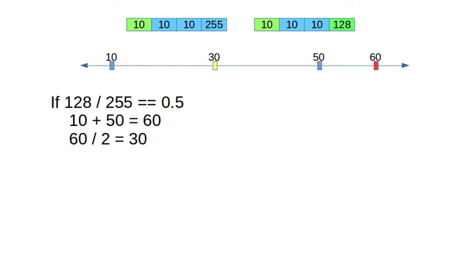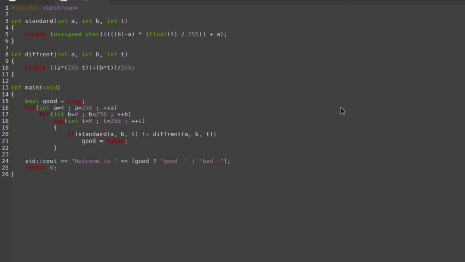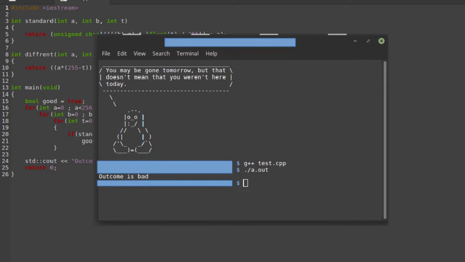The new function is based off the mean or average algorithm, where you add the two numbers together and then divide by 2. I modified it so that the values are multiplied by the alpha and inverse alpha. This way, it is like finding the average of 255 values, and the result should be the same as the old function. I coded a test program here to verify that they are the same.